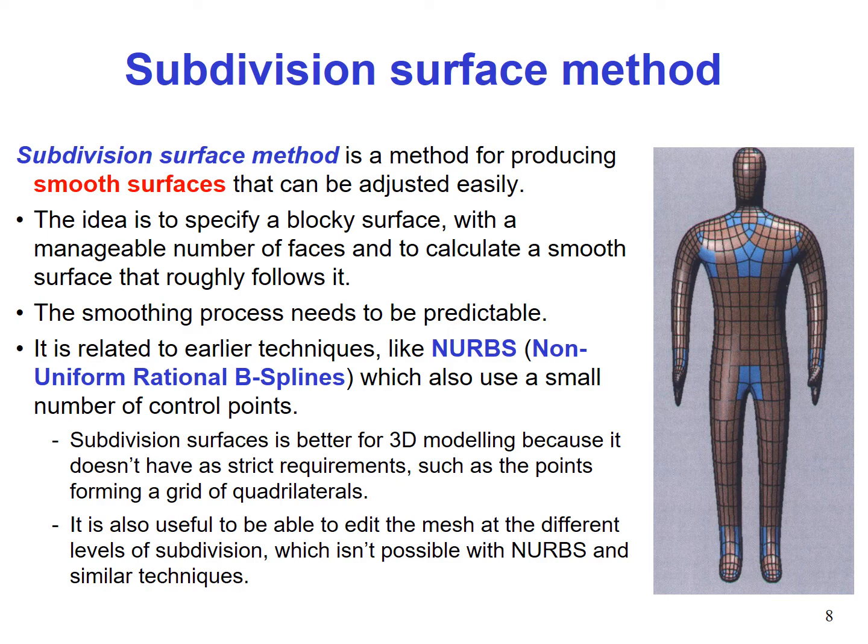The subdivision surface method is a method for producing smooth surfaces that can be adjusted easily. The idea is to specify a blocky surface. So you start from a blocky surface with a manageable number of faces, and then you calculate a smooth surface that roughly follows it. This calculation is done automatically.